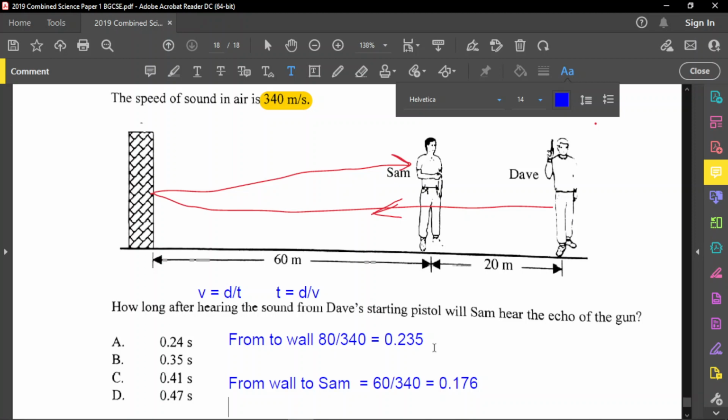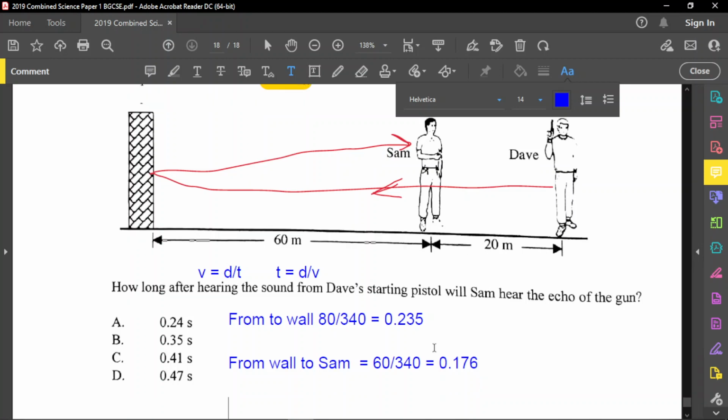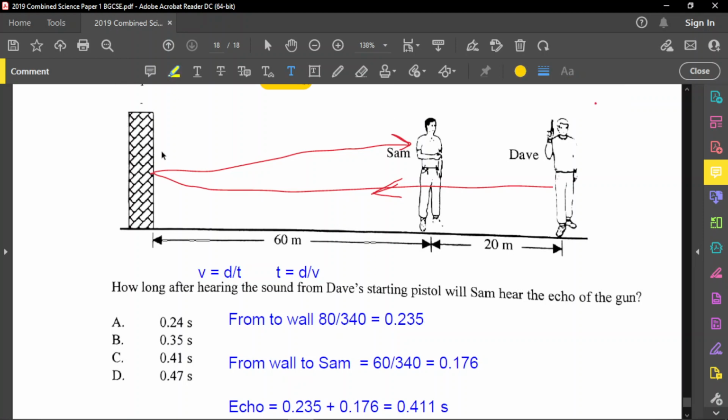The echo is traveling from Dave onto the wall and back to Sam, so the total time is 0.235 plus 0.176, which gives a total of 0.411 seconds. So C is our correct answer.